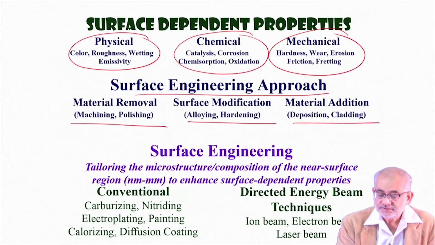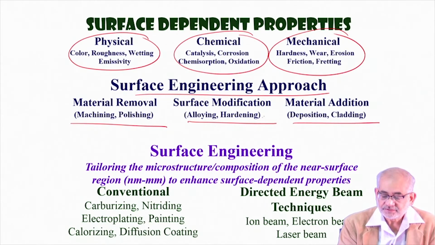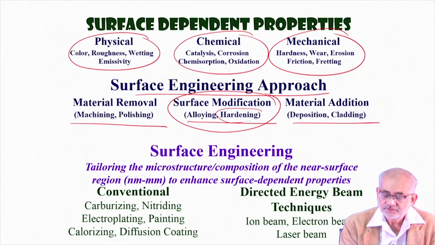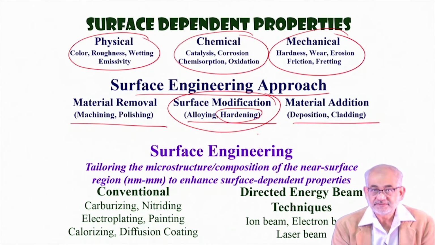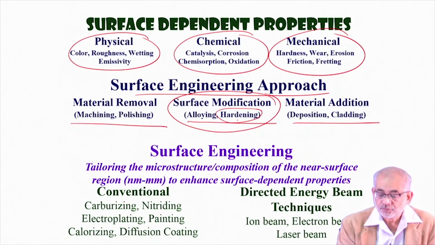Now in today's lecture we are going to concentrate on this part where we are only modifying the surface without change in dimension, and that too a subset of that which will essentially be hardening or annealing, only requiring change in microstructure and no change in composition.